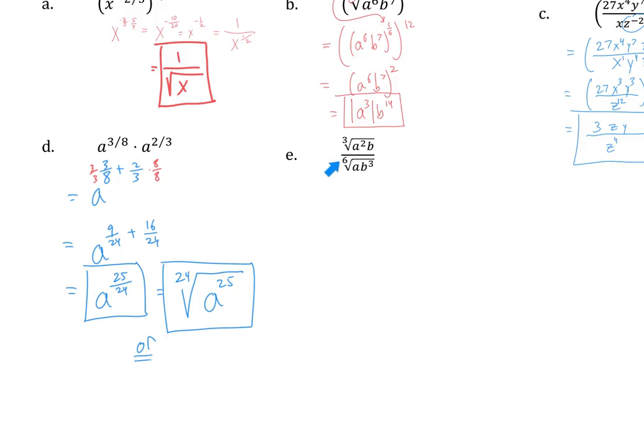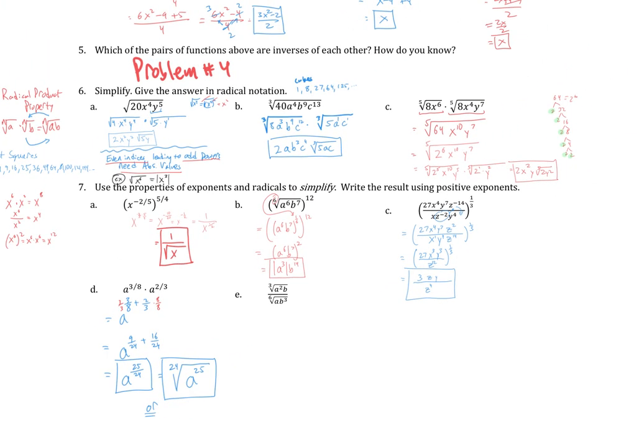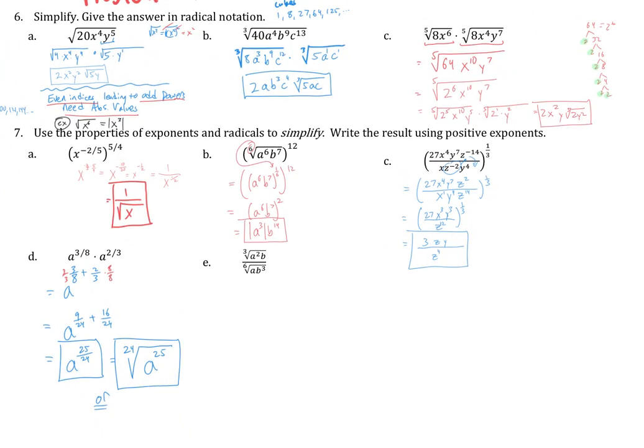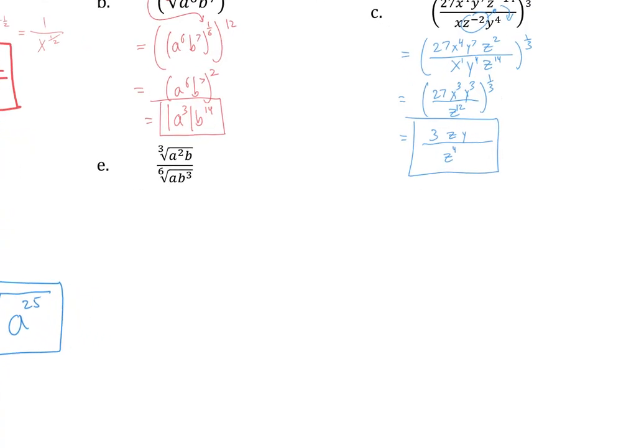Well, what about dividing here? Well, we're dividing, but we have different indices. So we can't just put those together. Well, let's see. I did just realize that we're kind of missing one type of example. So here's another bonus if you're watching this video.